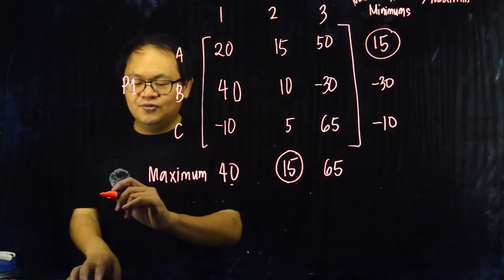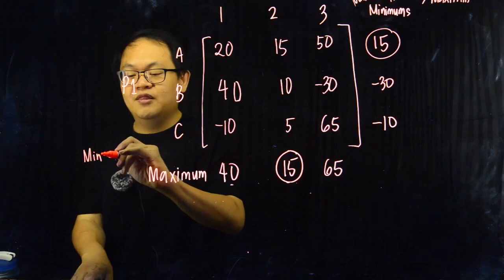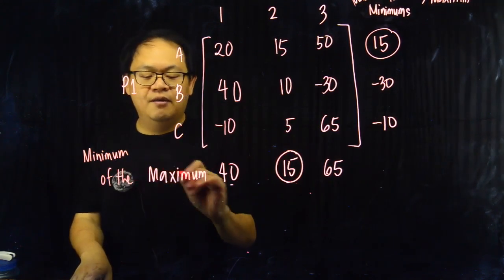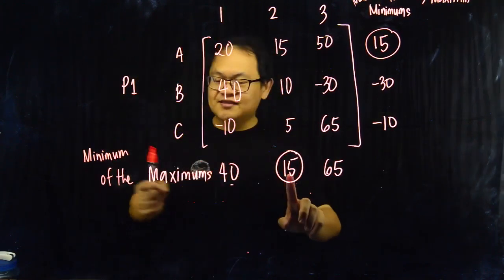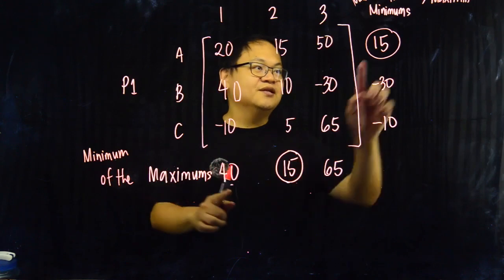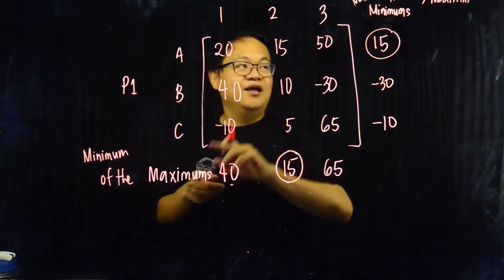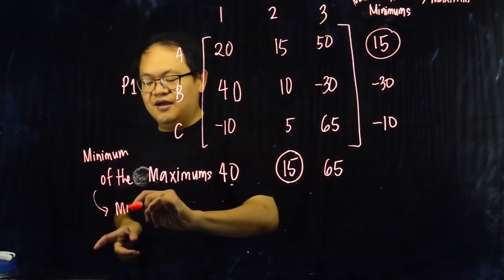So what we're actually doing is getting the minimum of the maximums. Okay? So 15 is the minimum of the maximums. 15 here is the maximum of the minimums. This one is maximin. This one I will call minimax.